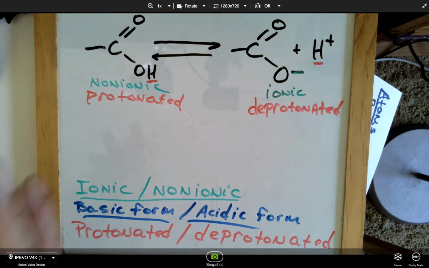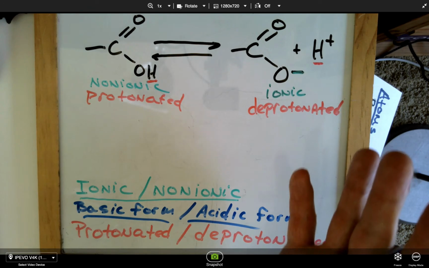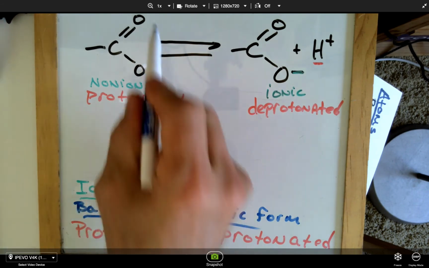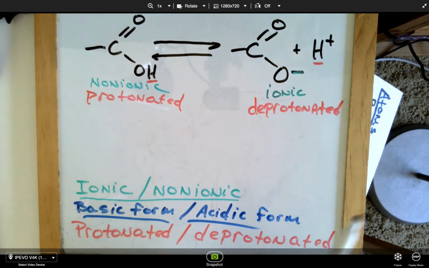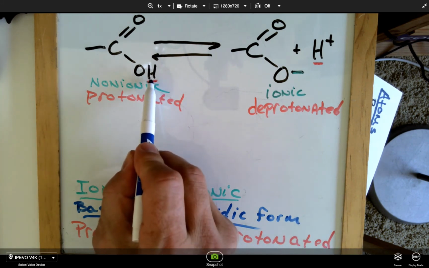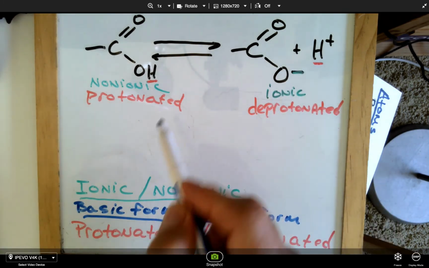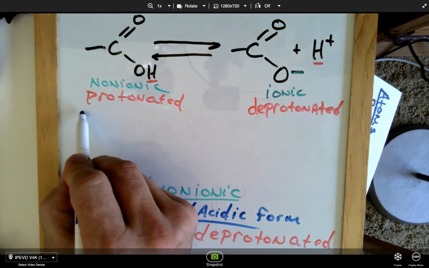Not that it has donated a proton, but it can donate a proton. It's really important that you remember that definition. So which one of these two can donate a proton? This one here, right? It's still bound to its proton. That means it can donate it. So this is the acidic form.